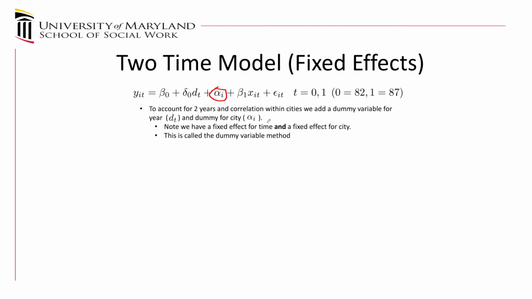So this is city or person or whatever nesting unit you have. Those are the alphas, right? And everybody gets some variable that denotes that particular thing: person, city, car type, whatever it is that you're trying to investigate. Doing it this way is problematic for a number of reasons.